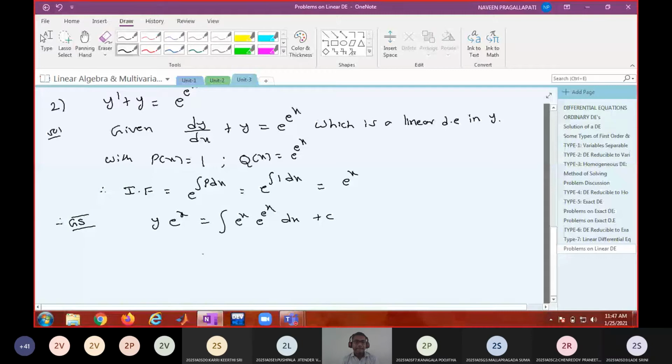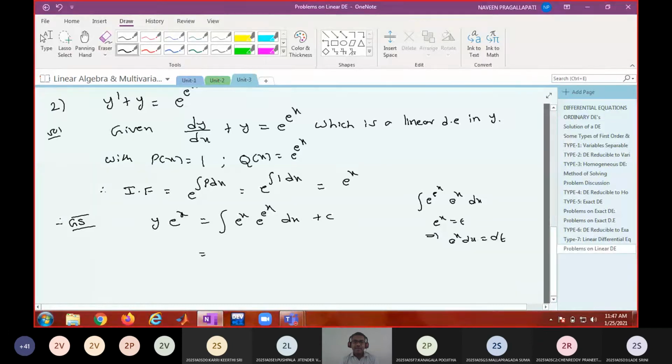Now what is integration of this? Can you tell me? What is integral of e power x into e power x dx? E power x. That's it. Because if you take e power x equal to t, this implies that e power x dx is equal to dt.